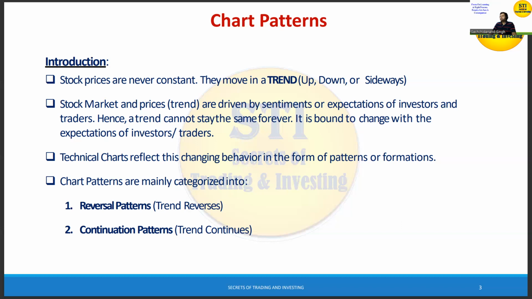Those chart patterns are mainly categorized into two parts: the reversal patterns, meaning either the uptrend is turning to a downtrend, or downtrend to an uptrend, and the continuation. Continuation means whatever the main trend is, it is going to continue after taking some intermediate rest. So there are only two possibilities: either it will reverse or it will continue, right?